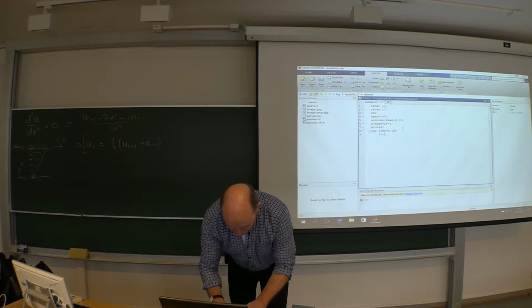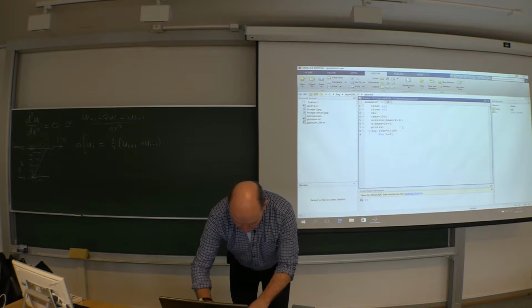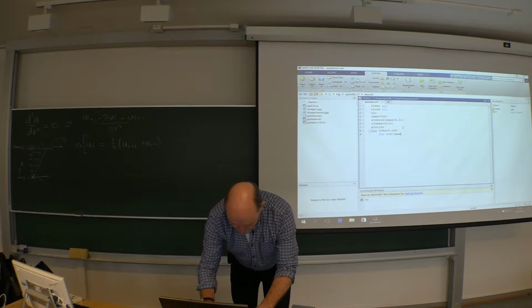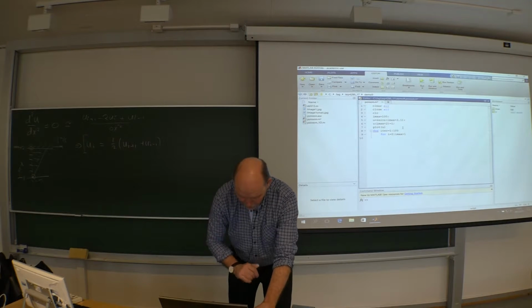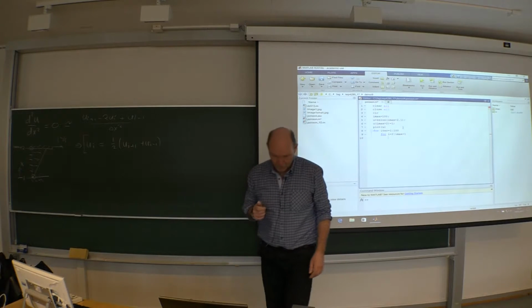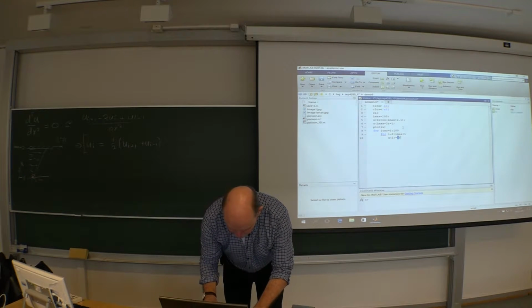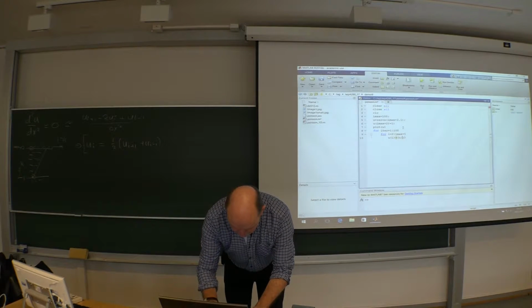So that should read something like for i equal 2 all the way up to Emax plus 1 only. There we have it. And then I just write the formula. u of i equals the sum of u of i plus 1 plus u of i minus 1, divided by 2.